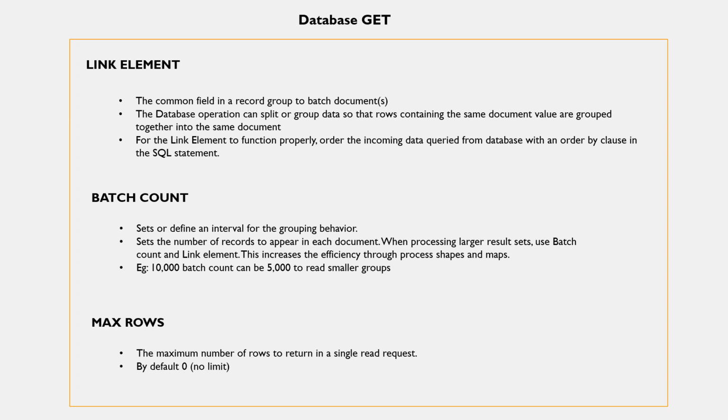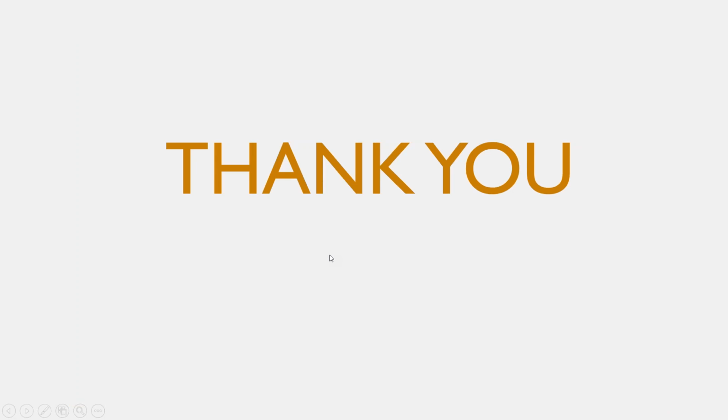Sets the number of records to appear in each document. When processing larger result sets, use batch count and link element. This increases the efficiency through process shapes and maps. Example, 10,000 batch count can be 5,000 to read smaller groups. And max rows, the maximum number of rows to return in a single read request. By default, it is 0, which means no limit.